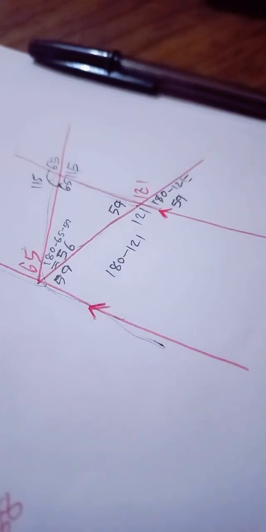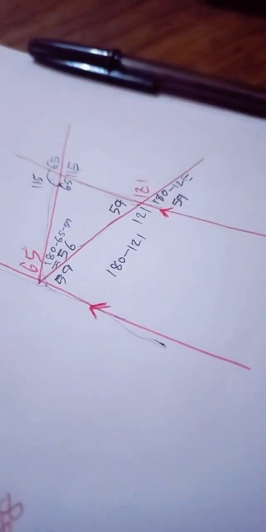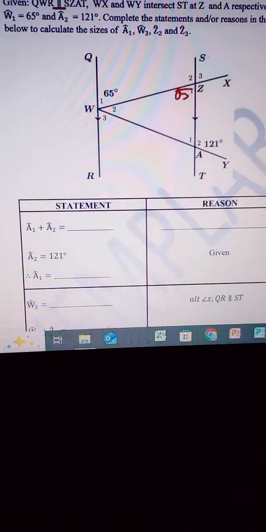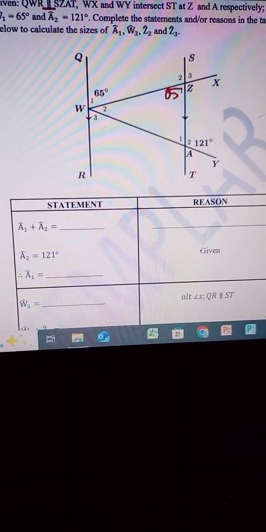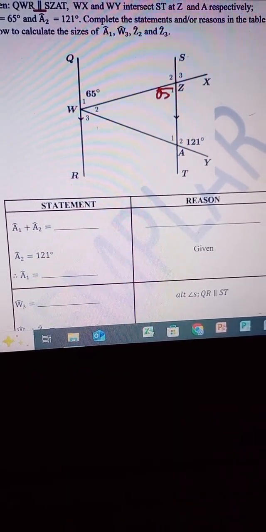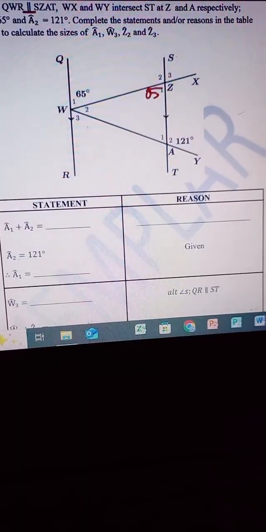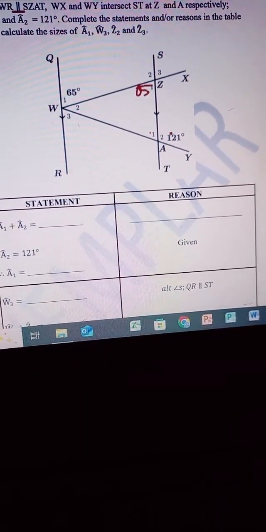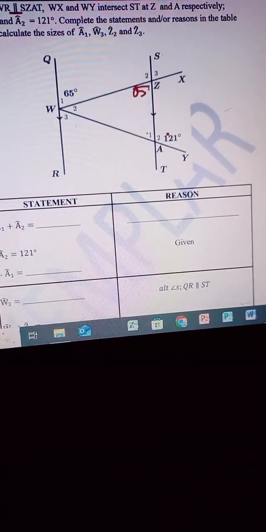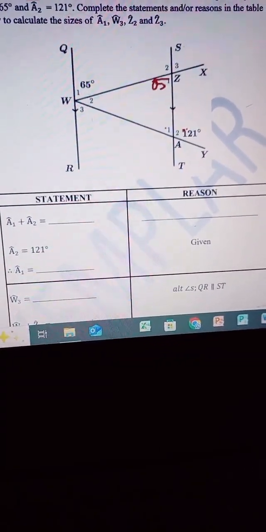All right. Now, let's go back to the questions and check. What do they want? Statement: A1 plus A2 is equal to what? And then the reason. Where is our A1? A1, this plus this. So if we want to see our A1, you come here.